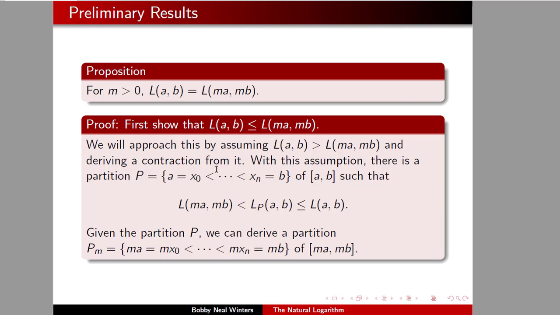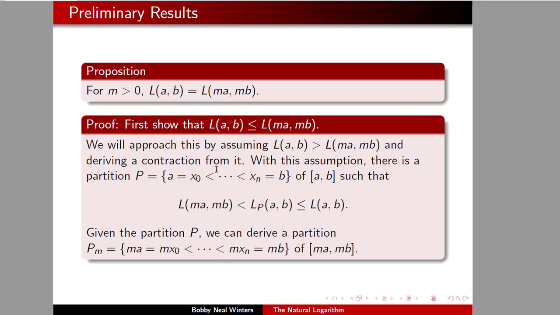We're going to be using this L(a, b) to define the natural log, but in preparation for that, we're going to establish some properties of L(a, b). Our first one is: if m is greater than 0, then L(a, b) is equal to L(ma, mb).